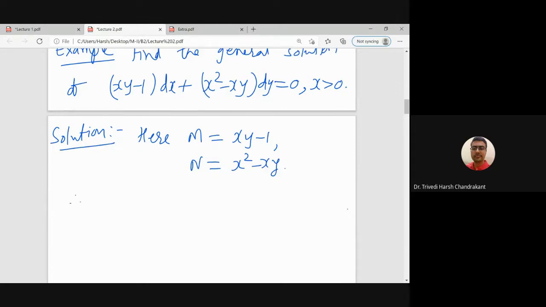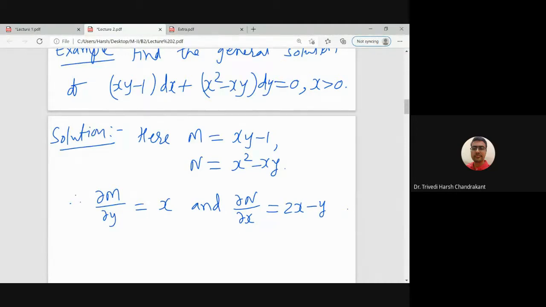So therefore, let us find the partial derivatives. The partial derivative of M with respect to y will be x, and the partial derivative of N with respect to x will be, derivative of x square is 2x, and for the second term the derivative with respect to x is minus y.